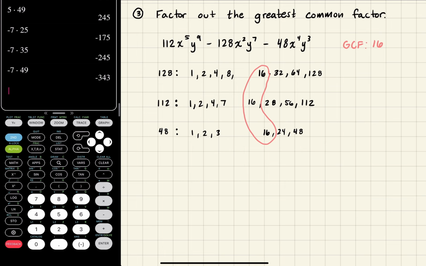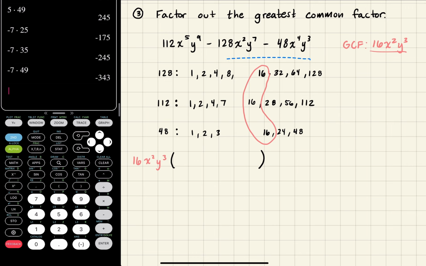Now looking at our variables, all three have an x, and the smallest x is x squared. So we'll add that to our GCF. All three have y's, and the smallest y is y cubed. Alrighty. Once you have your GCF, we can factor it out. That's going to leave us with some stuff on the inside.